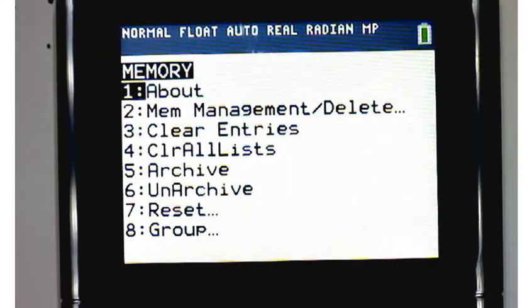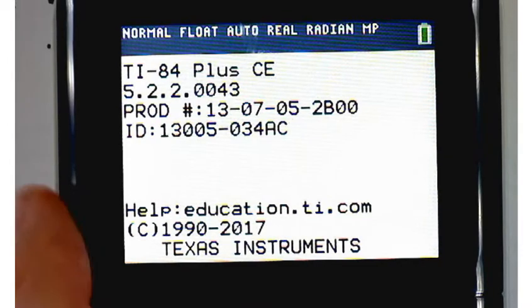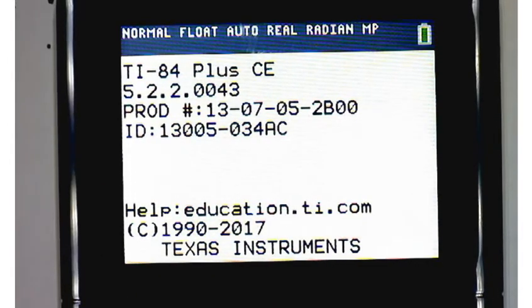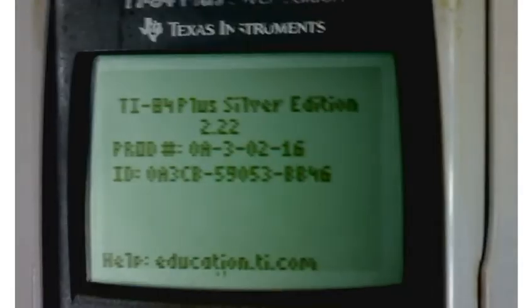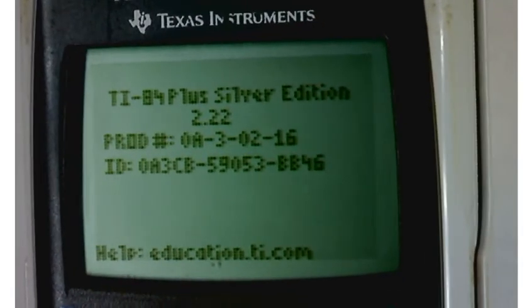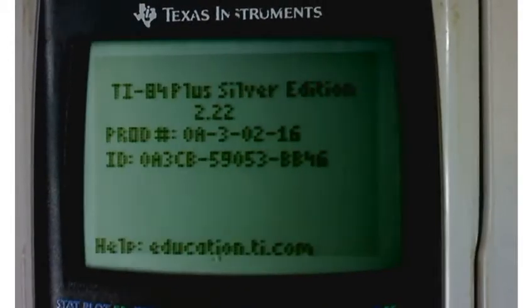And if you press enter to get about, you'll see the operating system. So you want to bring yours up here real quick? All right. So the operating system that you need for your older calculators is 2.53 or 2.54 MP. There you go. The operating system here is 2.22, so it's not as up to date as it could be.